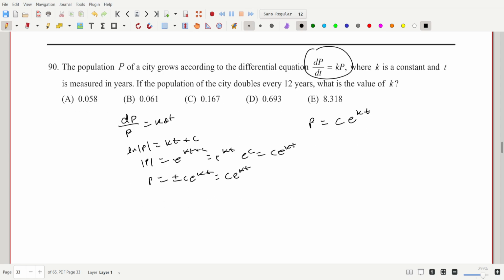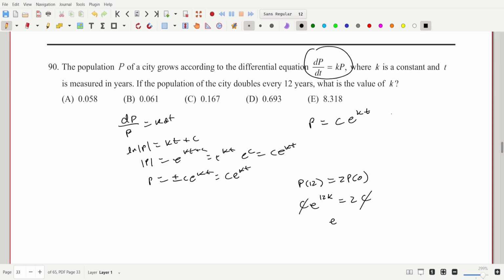population doubles every 12 years. So that's one thing you can say, that P of 12 is 2P of 0. It's like a pre-calc problem. Right, so we get C e to the 12k equals 2C. And let's see, we can divide off the C's.